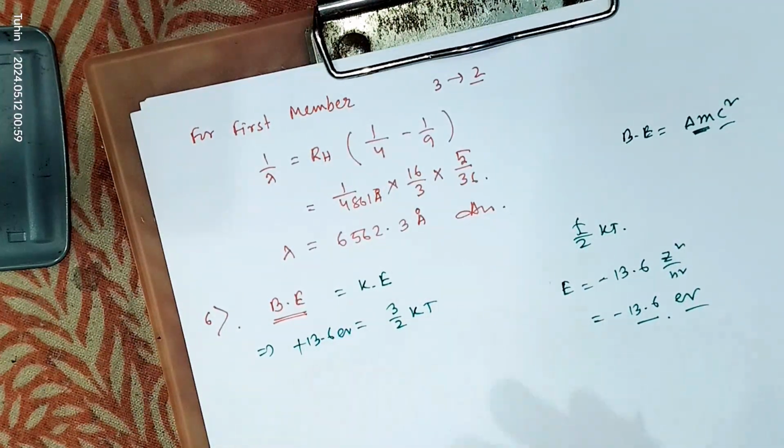And k is the Boltzmann constant, 1.38 into 10 to the power minus 23.